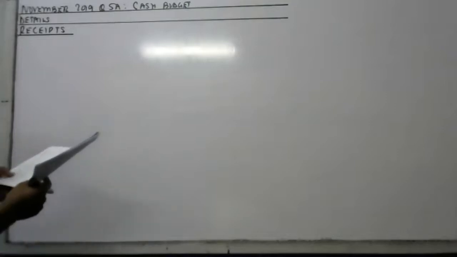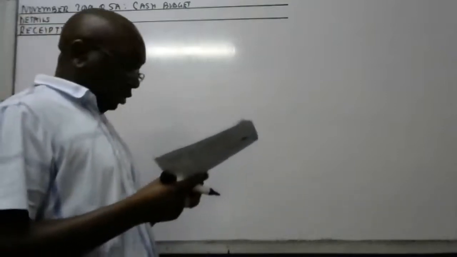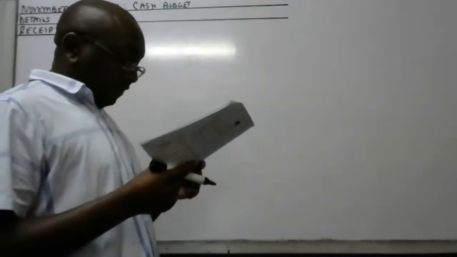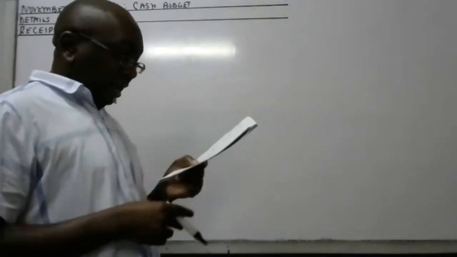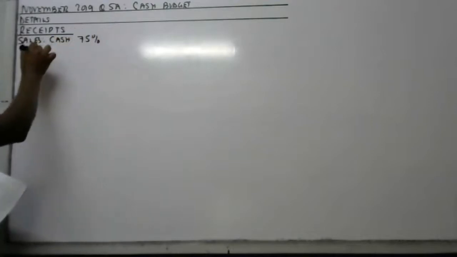So for receipts, you can see according to information 2, we are told 25% of the sales are on credit. That tells you we have sales here. Some of them are cash, which are 75%.